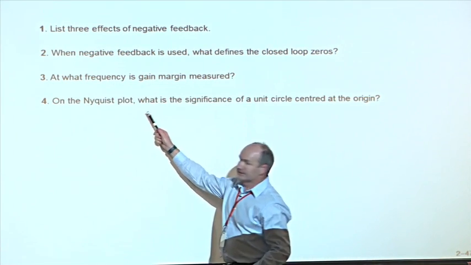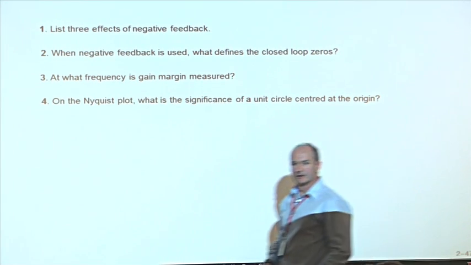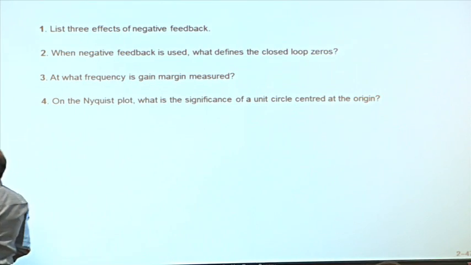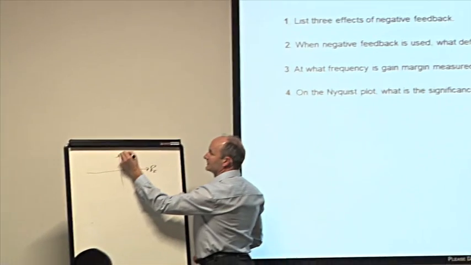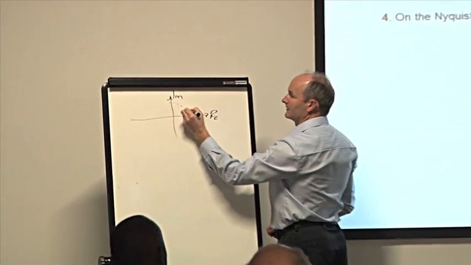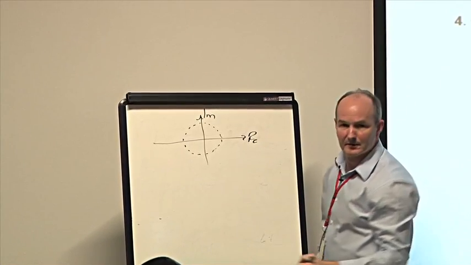What's the significance on a Nyquist plot of a unit circle centered at the origin? So in the complex plane, this is the real axis, and this is the imaginary axis, and I've got a unit circle. All right, it may not be very circular, but what does it tell us?